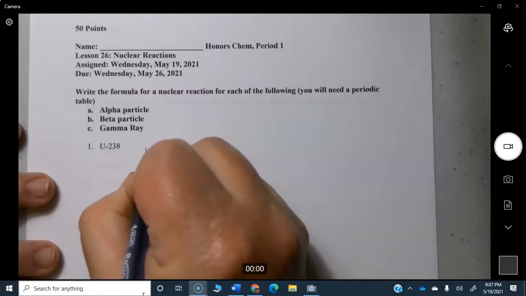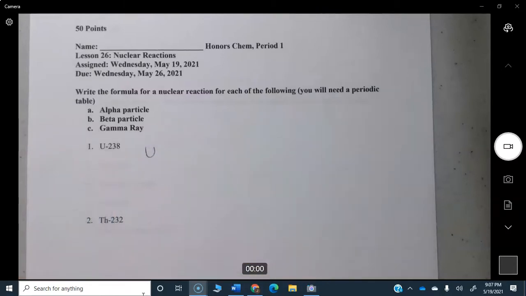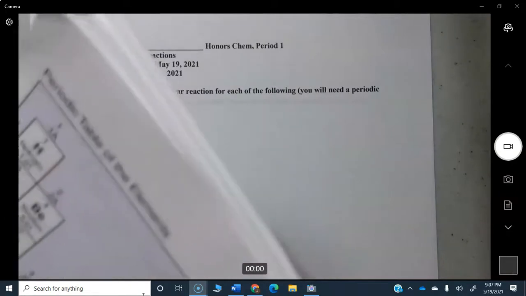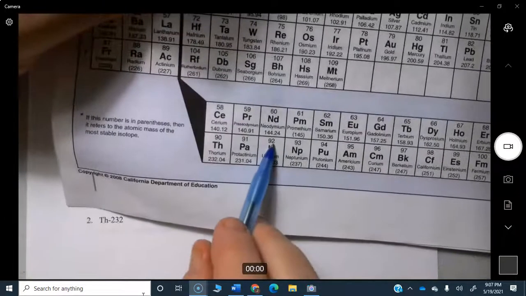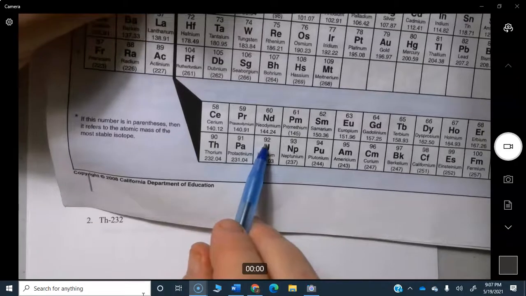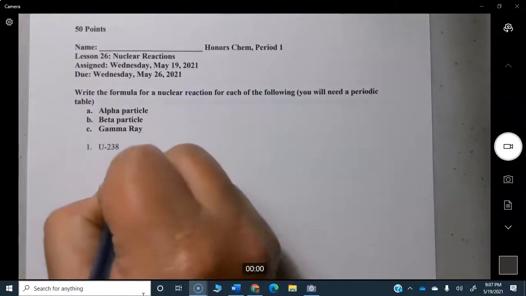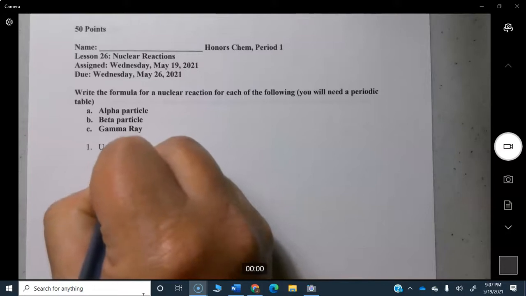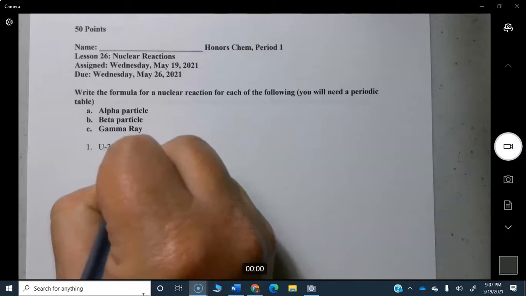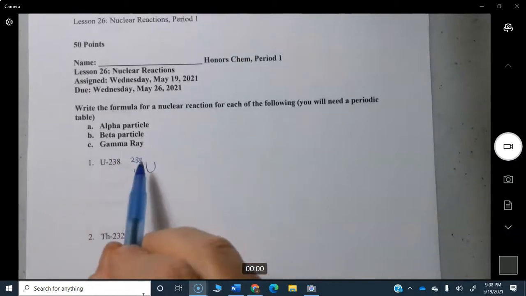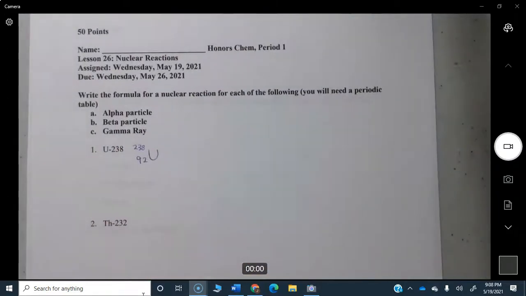The periodic table tells us that uranium has an atomic number of 92, meaning it has 92 protons, and the 238 is the mass number, which is the total number of protons plus neutrons. If you take the difference between these two numbers, that's how many neutrons it has.